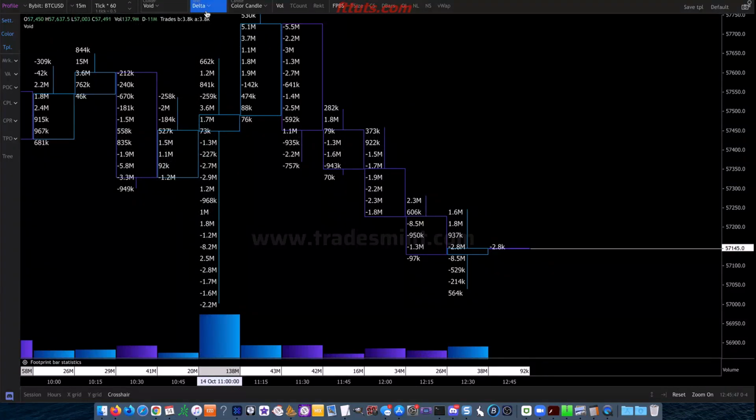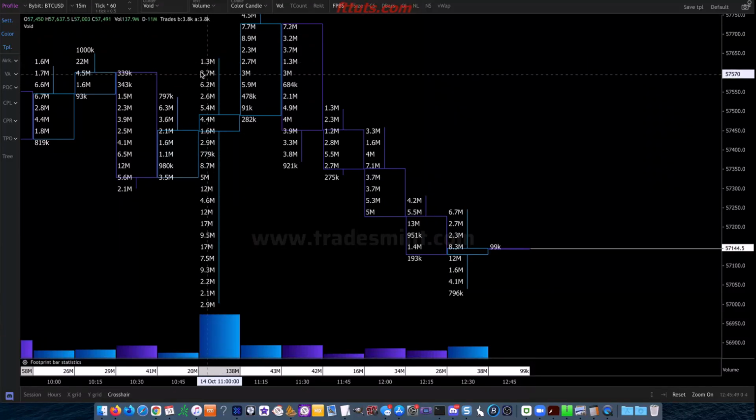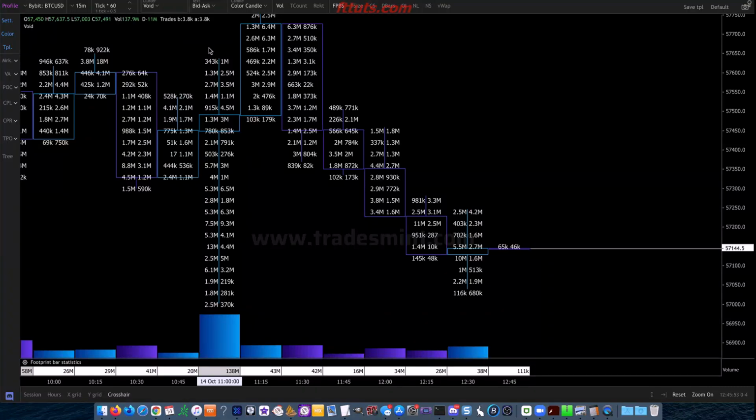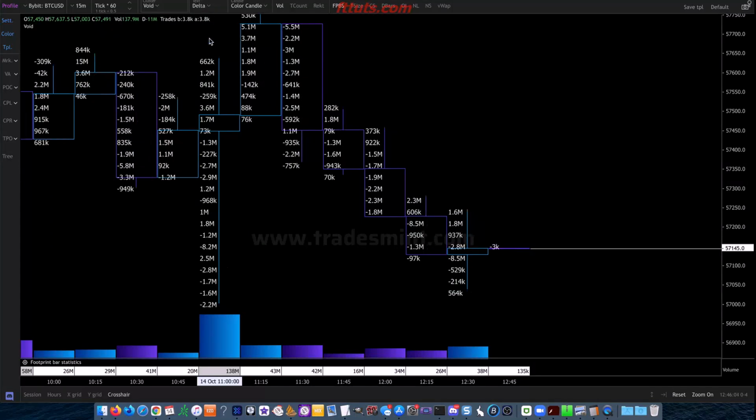Okay, so the delta is showing you the difference in the bid-ask profile by subtracting the sells from the buys. Just to recap quickly, the volume is the total number of market transactions altogether. The bid-ask profile is showing you how many individual sells on the left and individual buys on the right. And then the delta is showing you the net amount of either buys or sells, whichever is more.